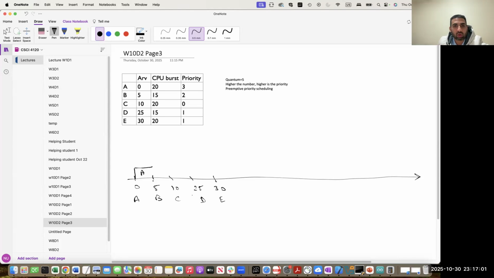Then B arrives, so we check who has the higher priority, A or B. A is 3, so A has the higher priority and continues.